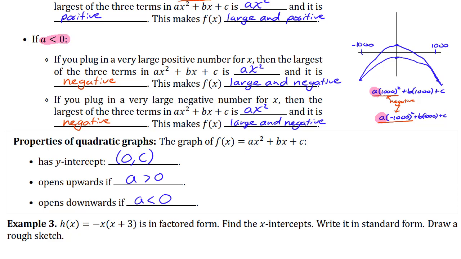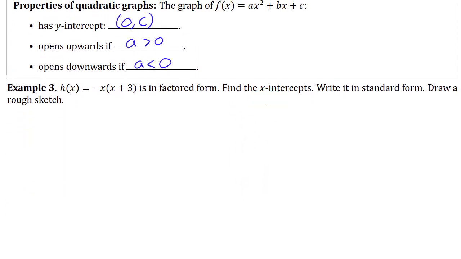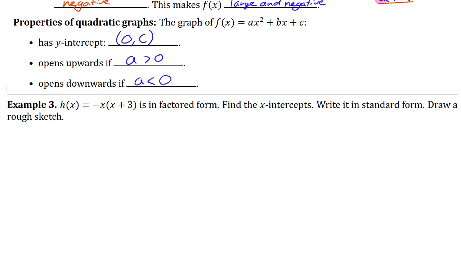This function, h of x right now, is in factored form. Let's find the x-intercepts and write it in standard form and then draw a rough sketch. Okay, so what can we do with this? So first of all, the easiest way to find the x-intercept is to leave it the way it is, and let's see why.